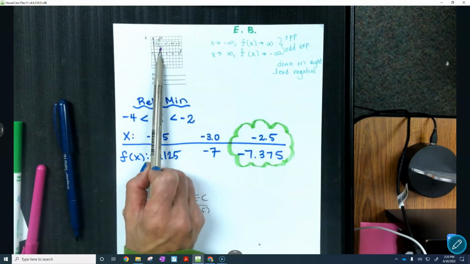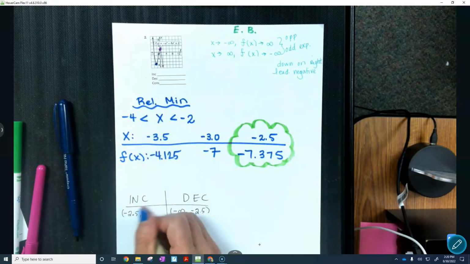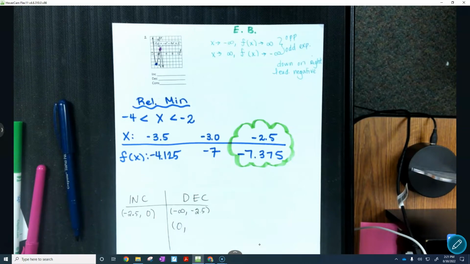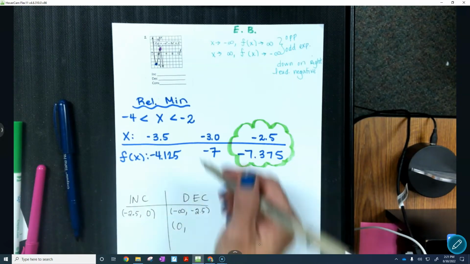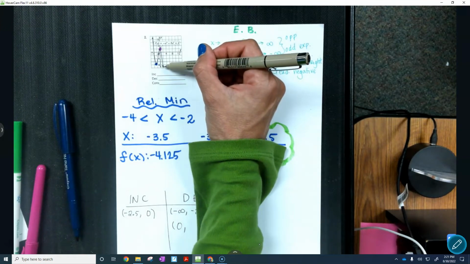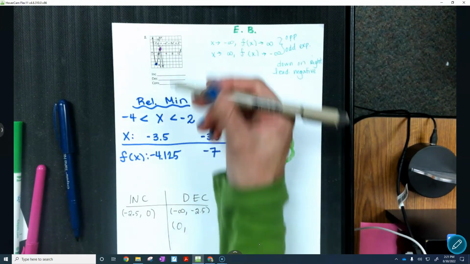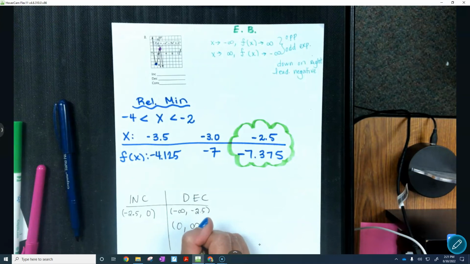So as soon as it reaches 0, it hooks back down and it decreases. See, I wrapped up the increase and I immediately went to the decrease. And then it decreases for how long? Forever. We land on an arrow, so that's positive infinity.